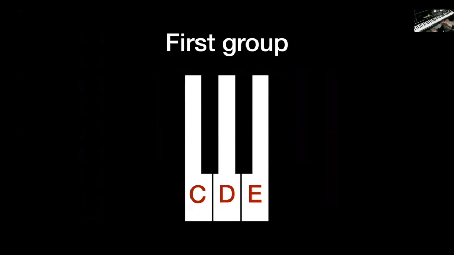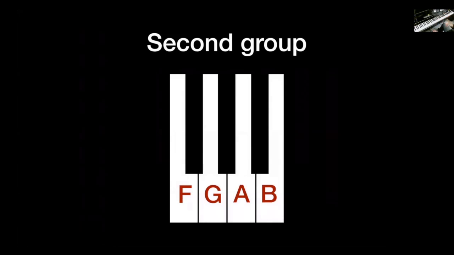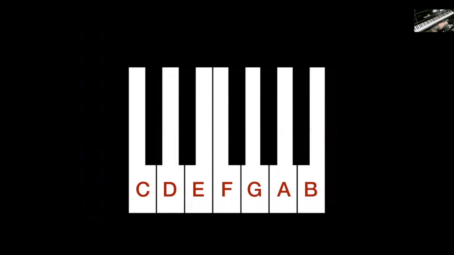Finally, you need to put together the first group of notes around the 2 black keys, C, D, E, and the second group of notes around the 3 black keys, F, G, A, B, and you have all the notes laid out for you.